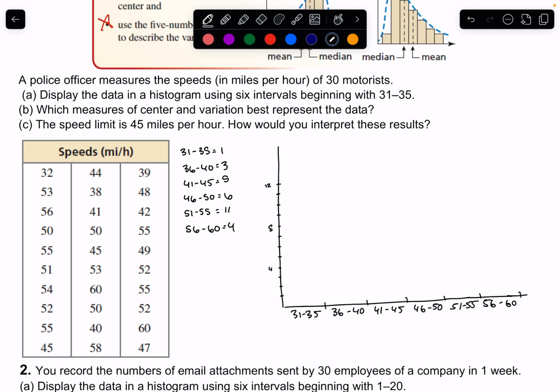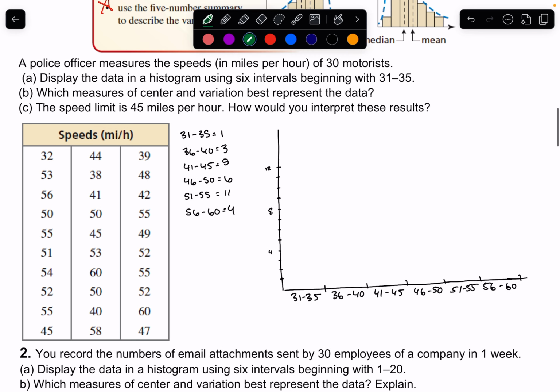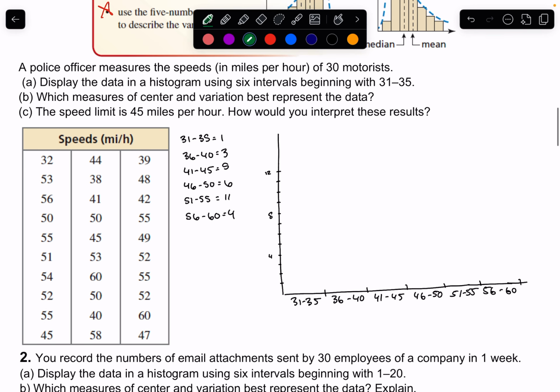So when I draw this chart, there was one person going between 31 and 35. Does it tell us what the speed limit was? Oh yeah, the speed limit is 45. Never mind, we'll get to that later. So 31 to 35, there was only one person going that speed when the police officer was radaring. 36 to 40, there were 3 people going that speed.